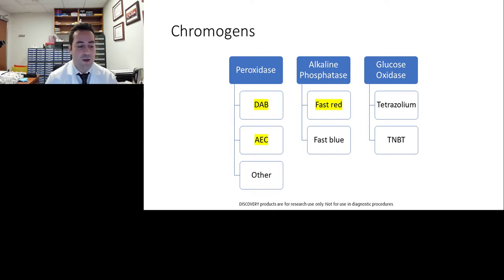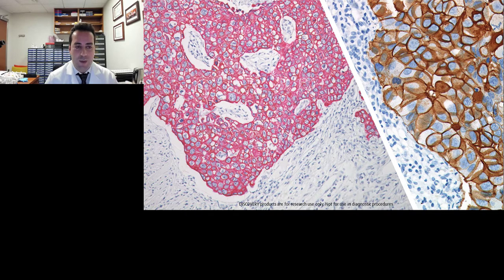New chromogens are also emerging, such as horseradish peroxidase-based ones, which I will talk about in detail later. Here is a simple demonstration of the most common chromogens. On the left-hand side, you'll see the red membranous staining of AEC, and on the right side, the brown membranous staining of DAB.